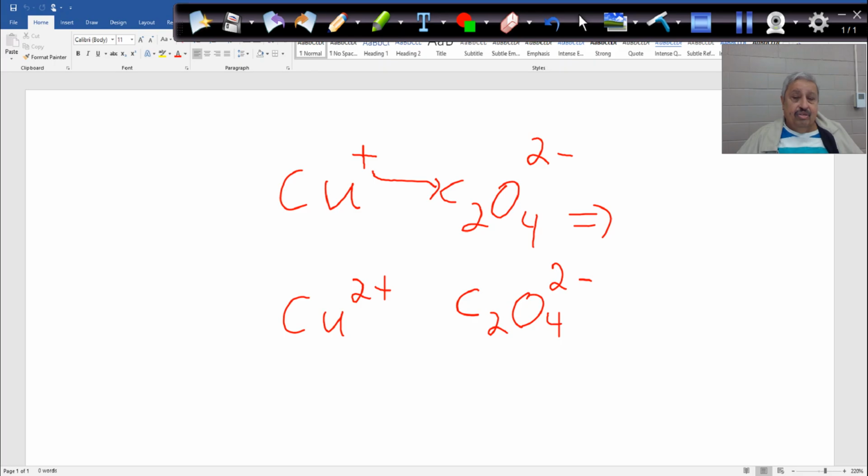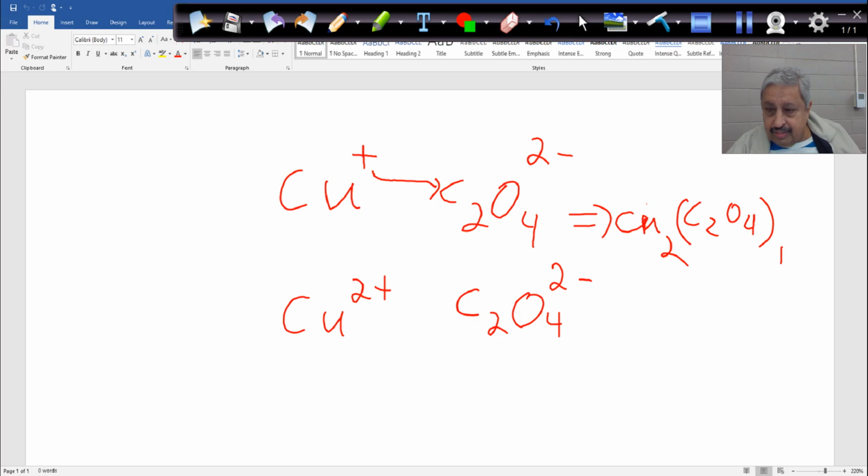So that will be copper, and then you take the parentheses with the 1 underneath. And the copper itself will have 2, copper 2. So the 2 will come underneath the copper, and the 1 will come underneath the whole thing.